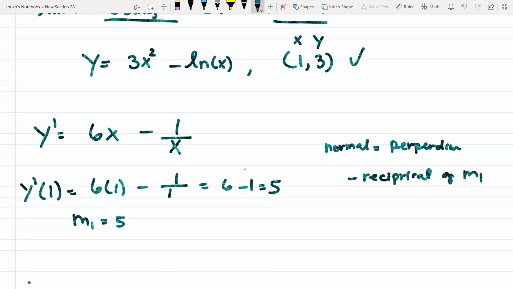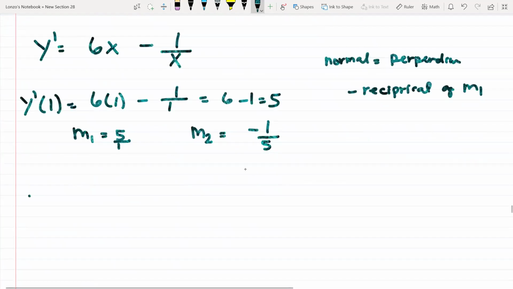So let me write that out. I'll call it m2, which represents our normal line. It's just the negative reciprocal of m1. So the negative reciprocal of 5 is -1/5, because the reciprocal of 5 over 1 is 1/5, and then we just add a minus.